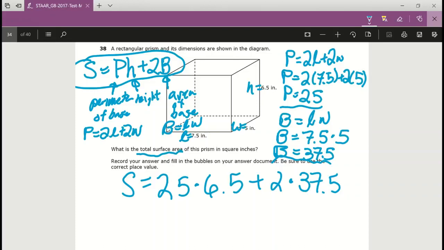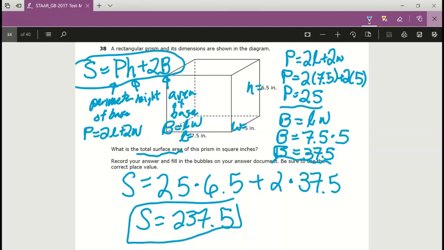So I plug this in our calculator, 25 times 6.5 plus 2 times 37.5, and we get our total surface area is 237.5. That is our answer, and then you just bubble it on your sheet in the correct manner.